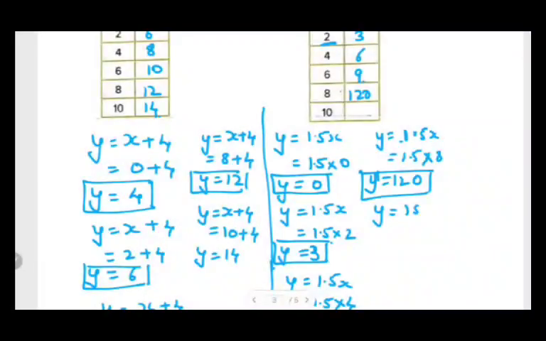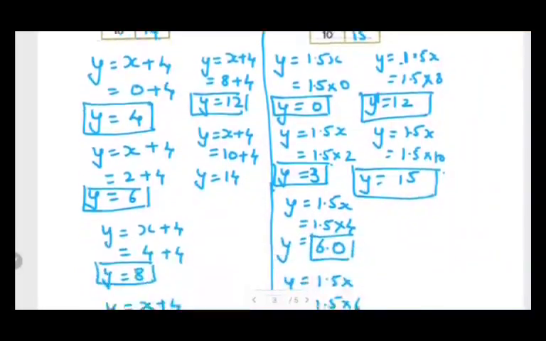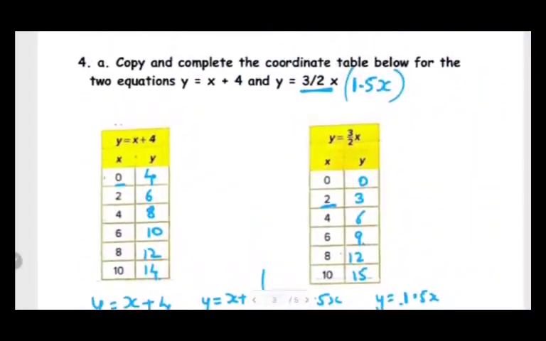Y is equal to 1.5x. 1.5 into 10 makes it 15. Yeah. So our coordinate table has been completed.